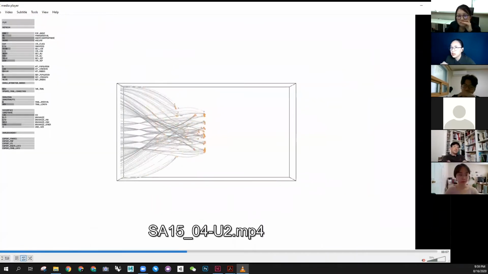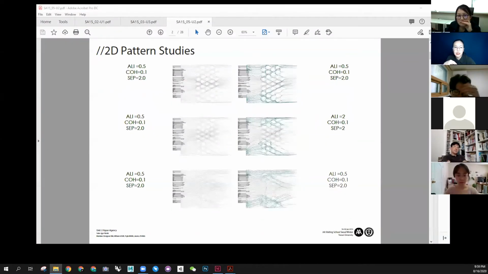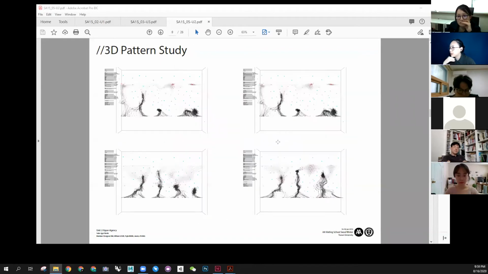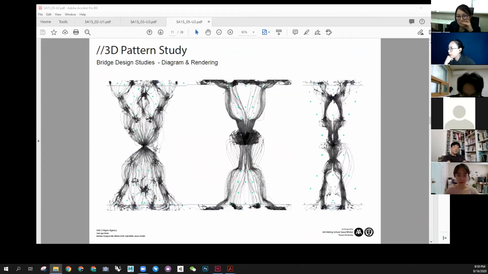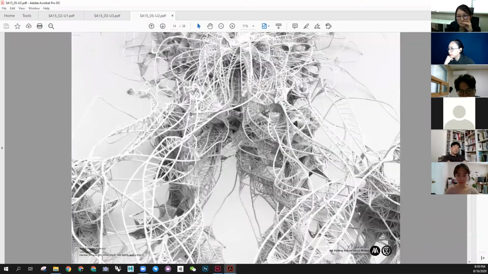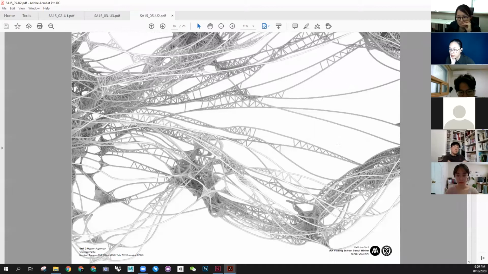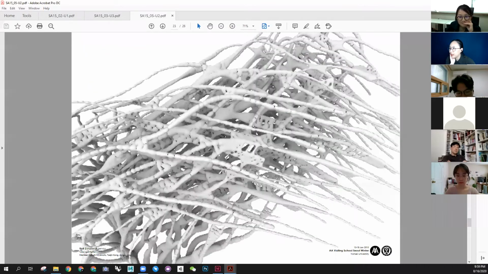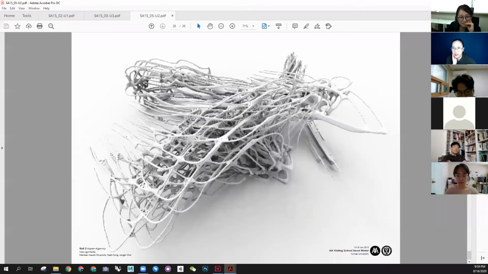We used these very explicitly as modeling tools to create a bridge in this case. This was done by Dong-Yoon, I believe, when he was our student, and later he became our assistant tutor, and this year Dong-Yoon is one of our main tutors.